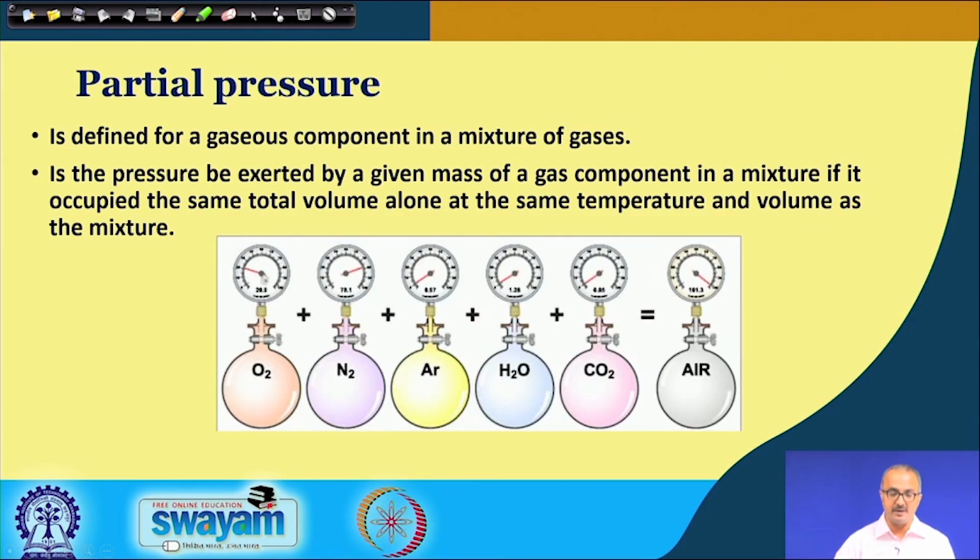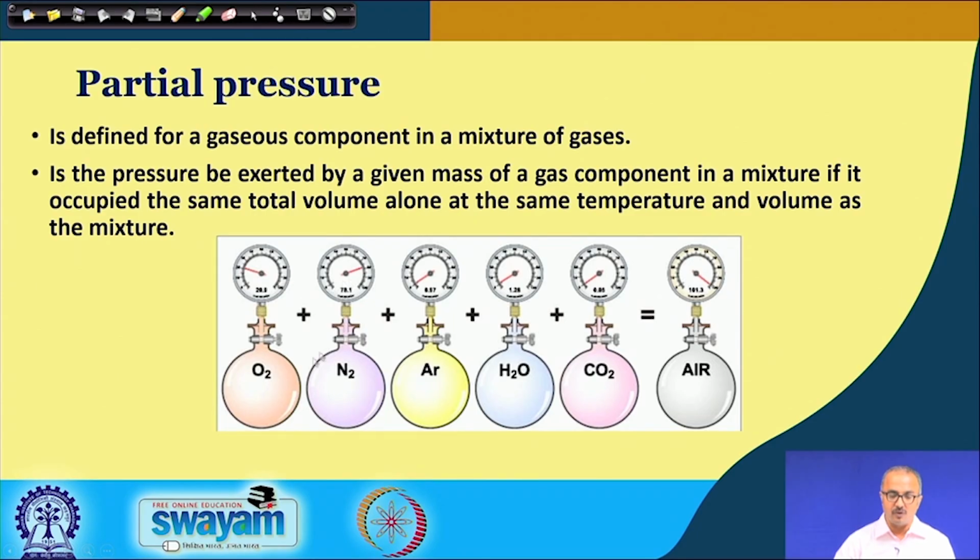Here I have demonstrated it: if we have different types of gases and all of them have the same volume, and we assume that the temperatures are also the same, you can see that if we fit a pressure gauge at each vessel, each is showing a different pressure.